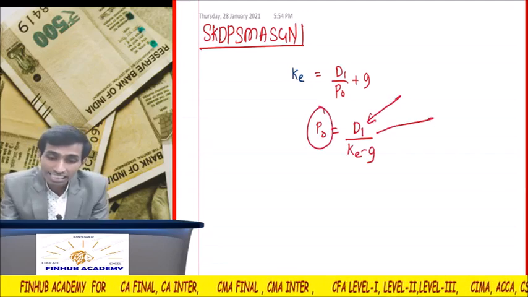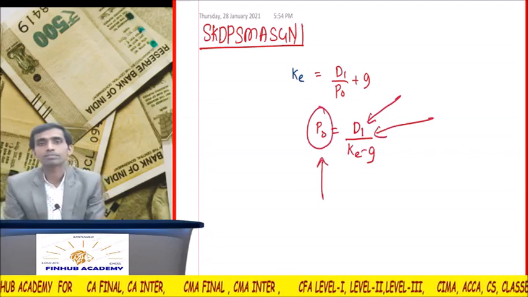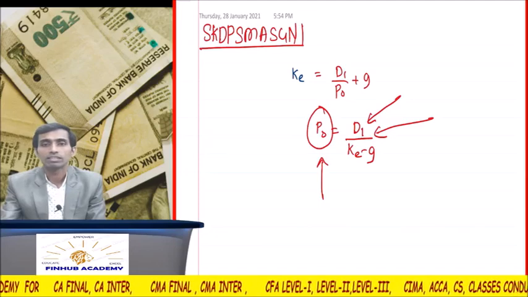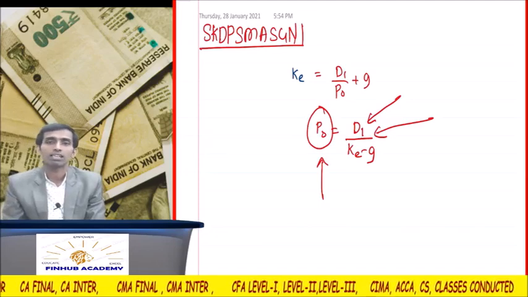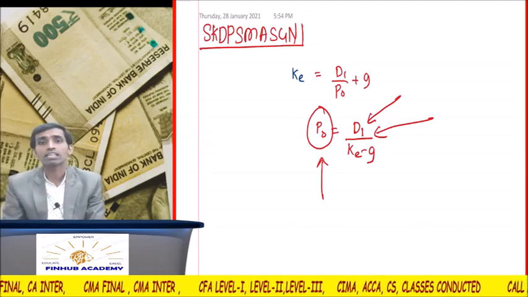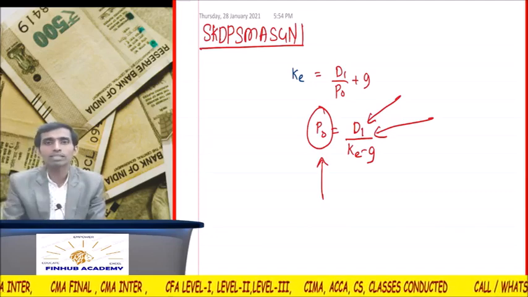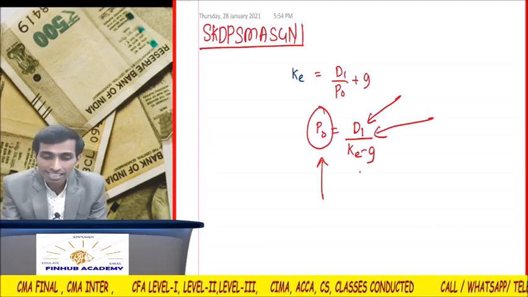If here it is D2, what will you get? P1, the price of the first year. If it is D3, it is one year back from the date of first installment. This is nothing but similar.